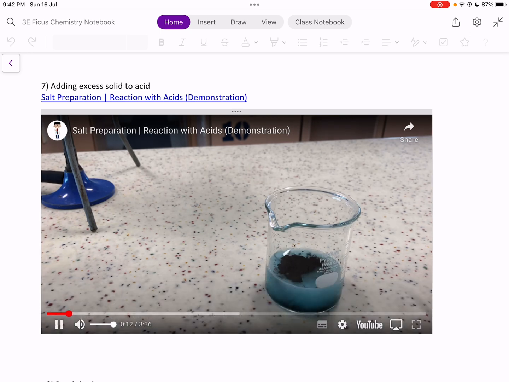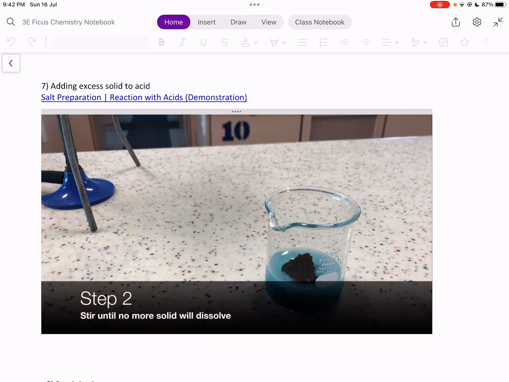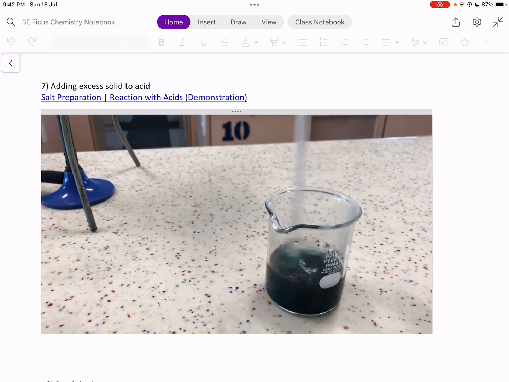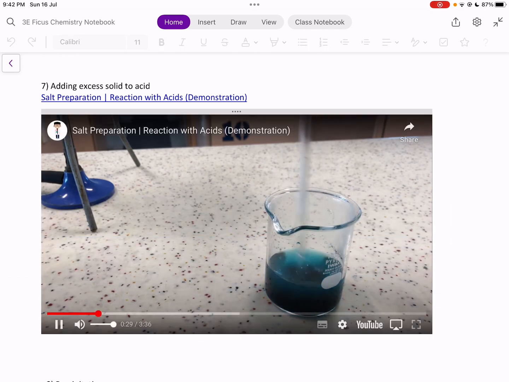You will just keep adding the solid to the acid. It's a black color solid, copper 2 oxide. Then you just add until no more can dissolve. Then you know it's in excess already. That's what it's trying to do. If you pause slightly and have a look, there's some condensation by the side, which means this acid is actually warm. Later think about why it needs to be warm.